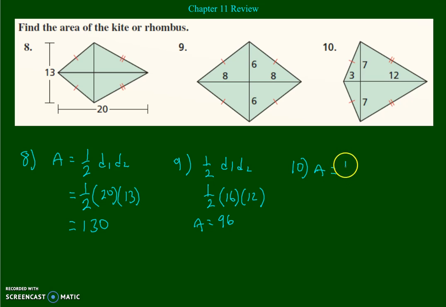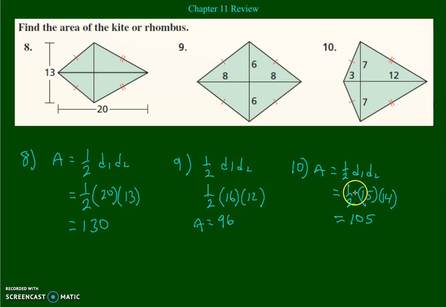So area equals 1/2 d1 d2, which is 1/2 times d1 is 15, d2 is 14, which gives us 105. All right, three fairly straightforward problems, just substituting in for the formula.